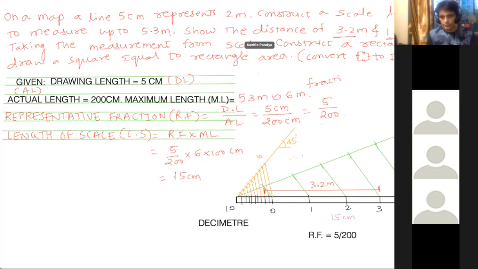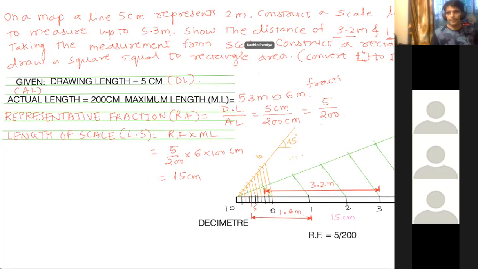So 1, 2, 3, 4, 5, 6. Take this distance. This is 1.6. This is 3.2. Got it? 1.6 meter.